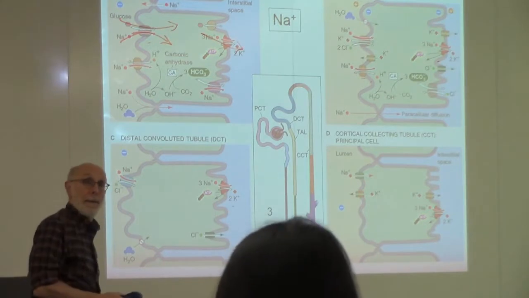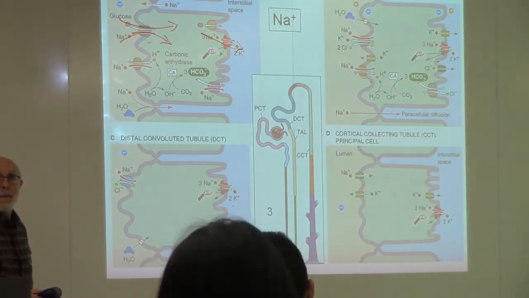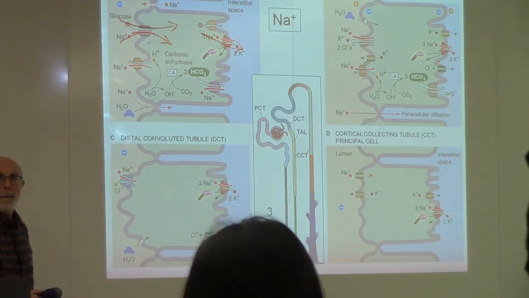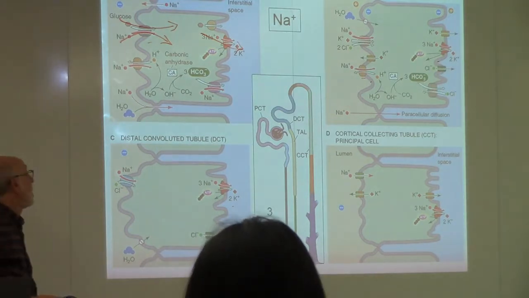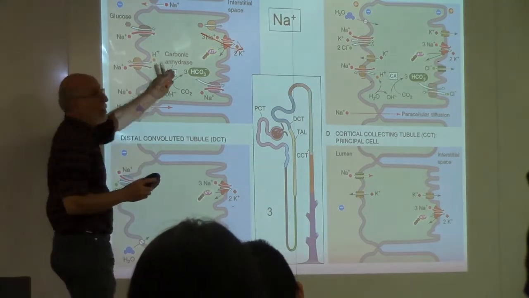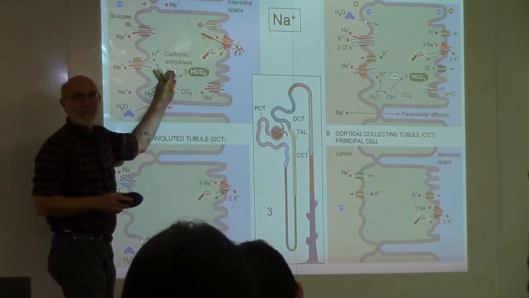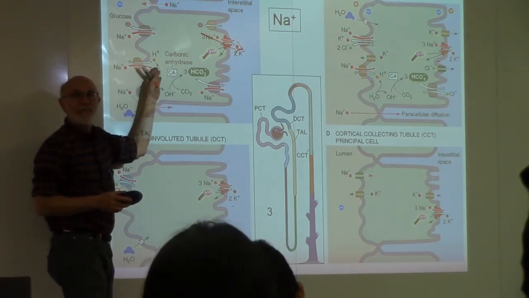If the sodium concentration is low in the lumen, will this transport work at all? If the sodium concentration here is lower than here, it just doesn't happen, at least not in the proximal tubule.